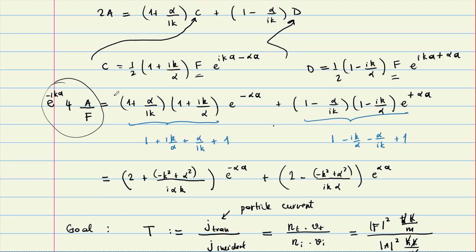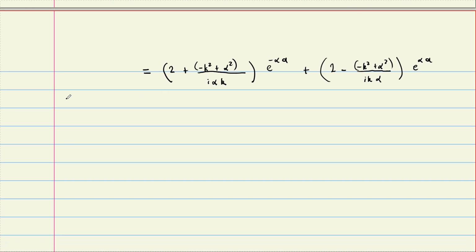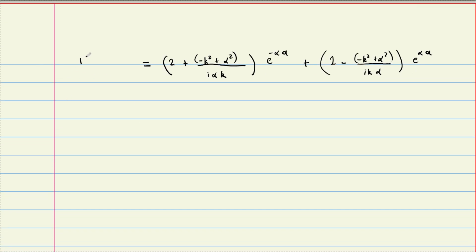Square of e to the ika is 1, square of 4 is 16. I have here 16 a over f squared. And a over f squared, when I invert it, is exactly what I need. Yes, I'm going to take the square. Thank you.